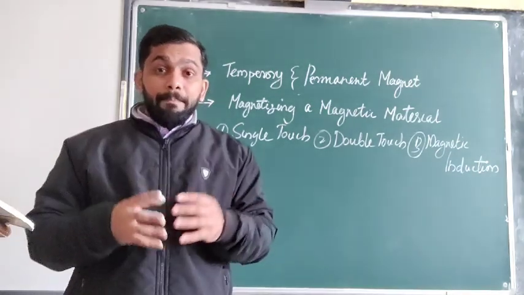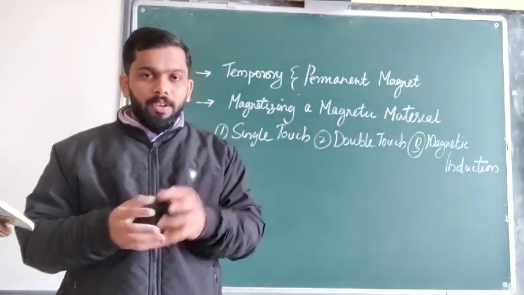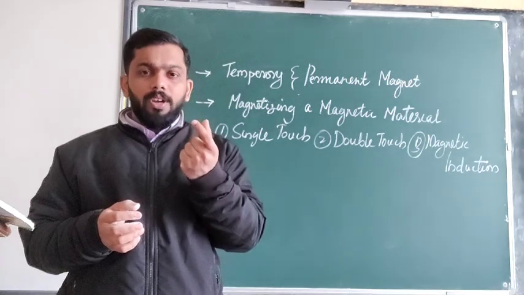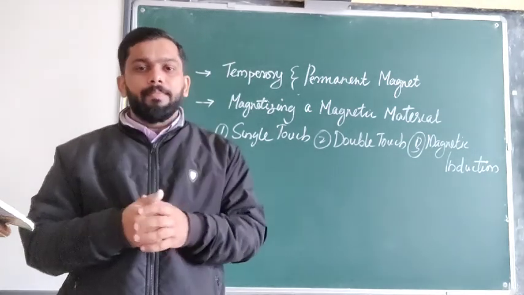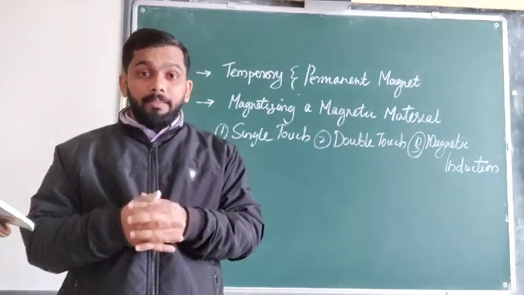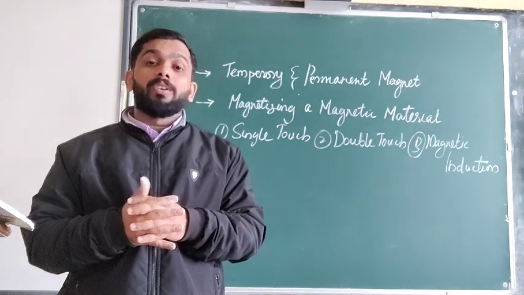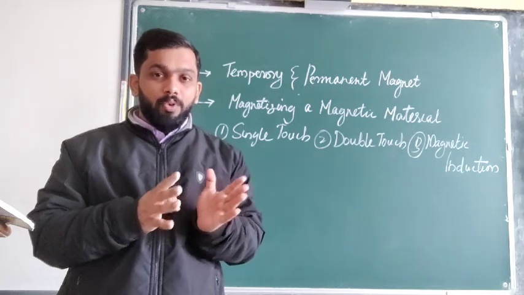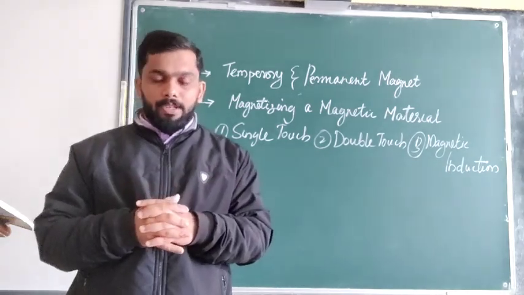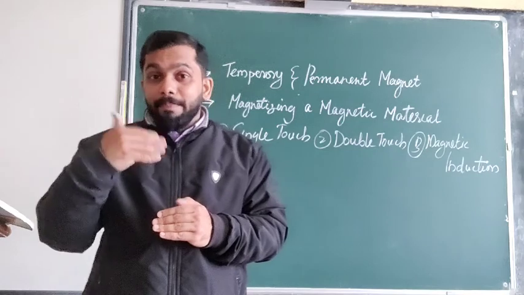The word temporary means what? Very short time. It does not last; it is for a very short time. And the word permanent means it will remain as it is for a long time. This is the difference between the words temporary and permanent. So what do you mean by a temporary magnet?